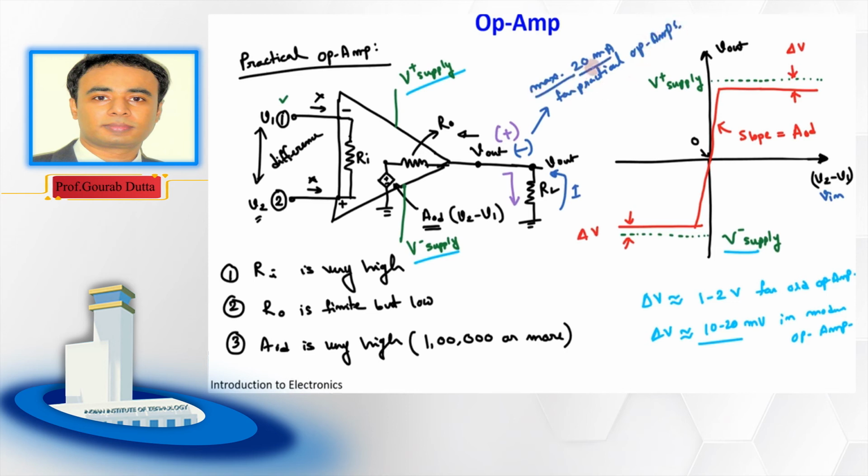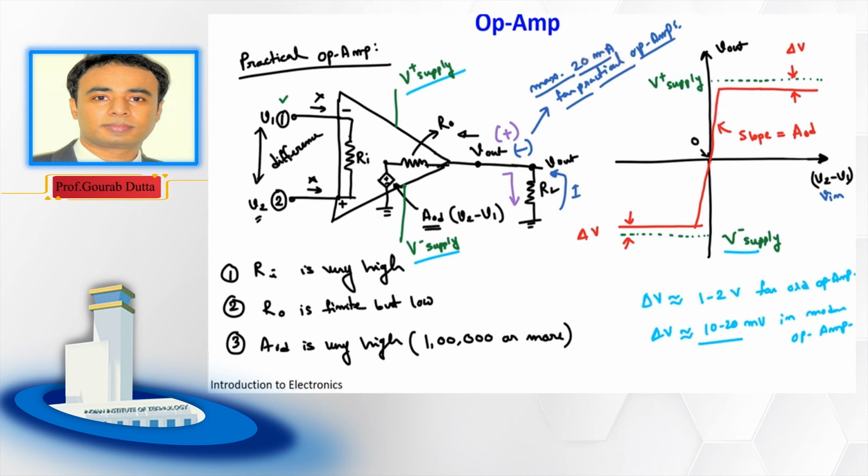So while designing the circuit, you have to ensure that the current you are taking to this load, or the amount of current being supplied to this output terminal of the op amp, should not exceed this 20 milliamps current rating, right? So you need to take a look into this part.